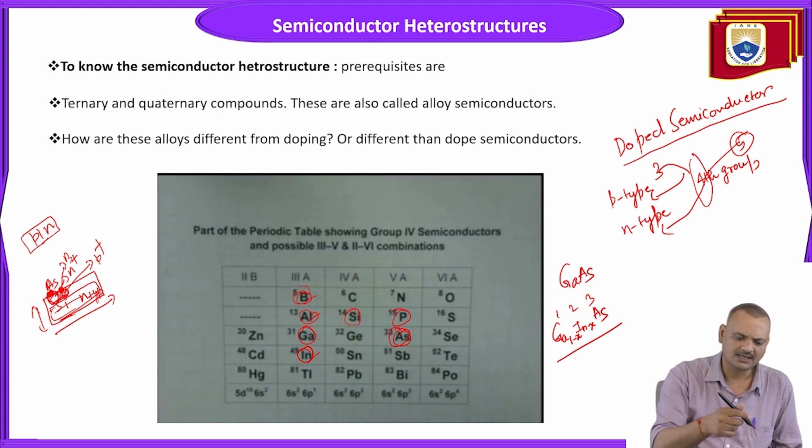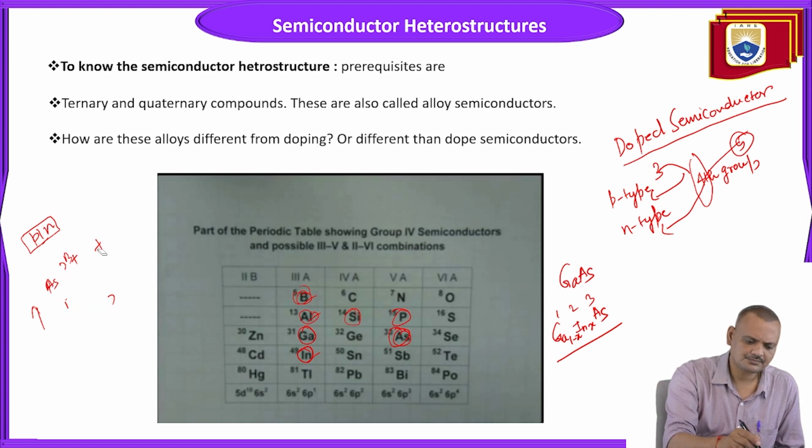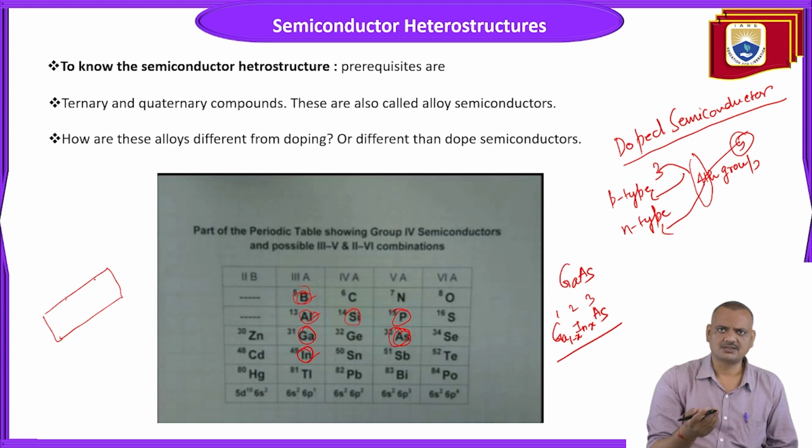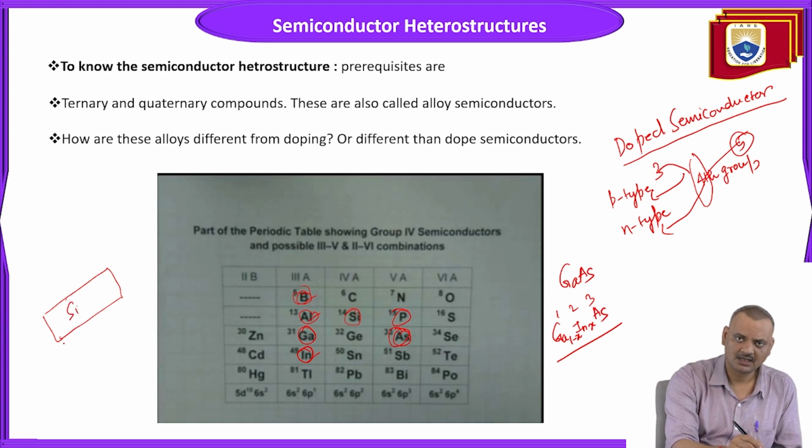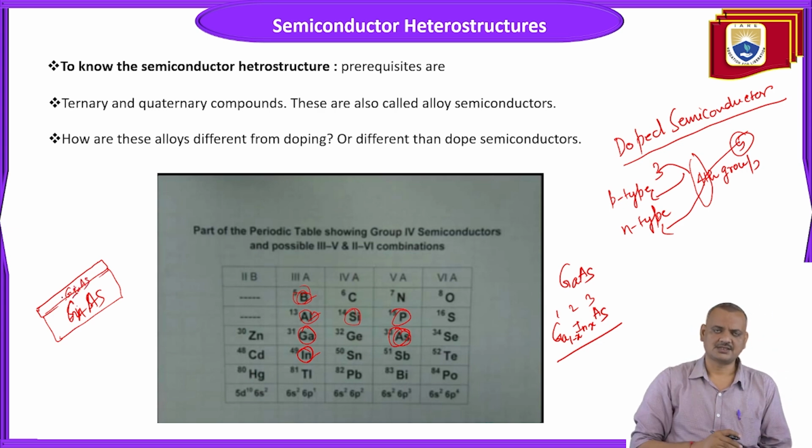First you have to take any substrate, and that substrate is also made with some semiconducting material like silicon or gallium arsenide. Now make some layer of gallium phosphide or gallium indium arsenide over this gallium arsenide layer.